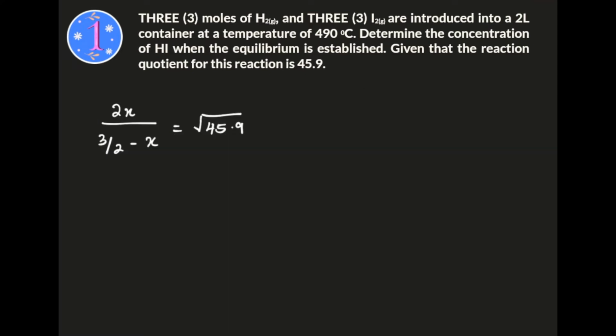Right, let's continue on. From here you need to rearrange this and you shall get 2x is equivalent to 1.5 minus x times 6.7750.